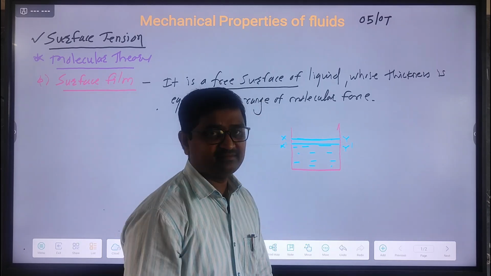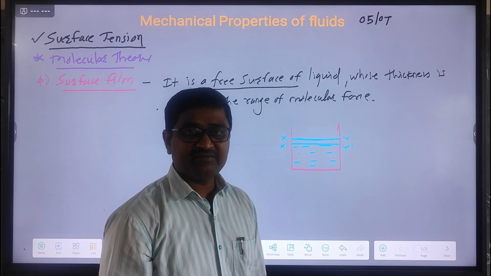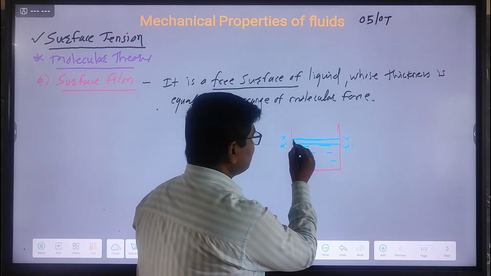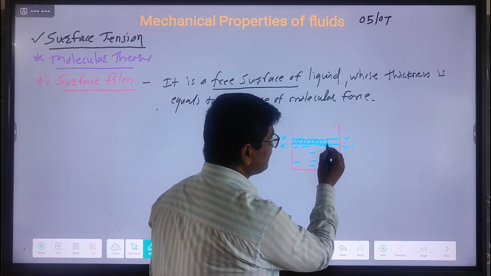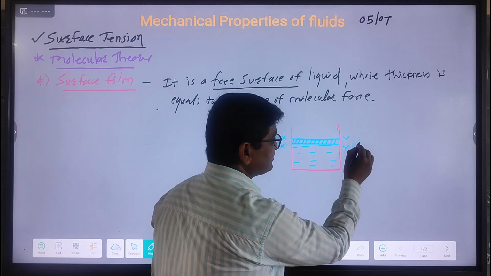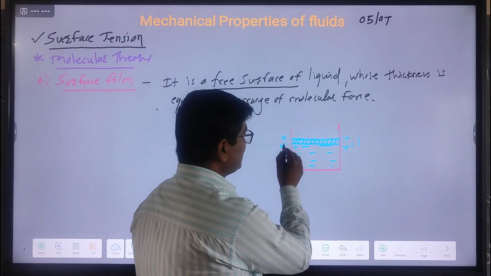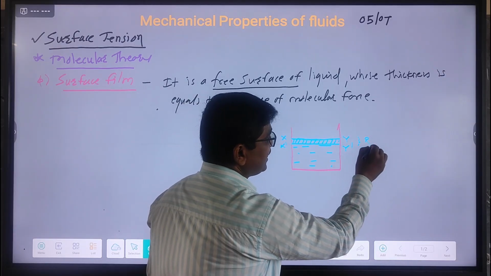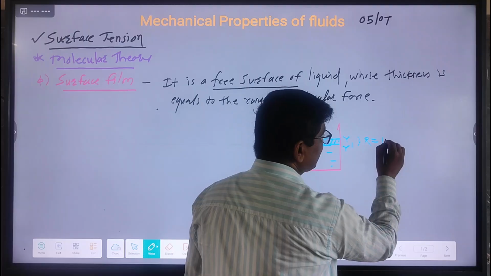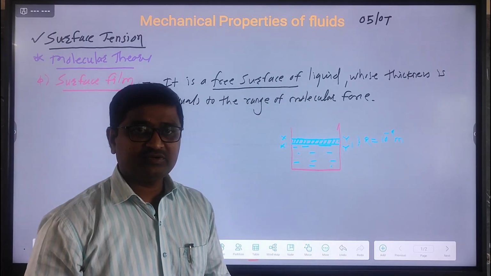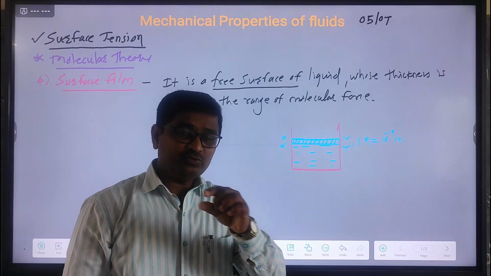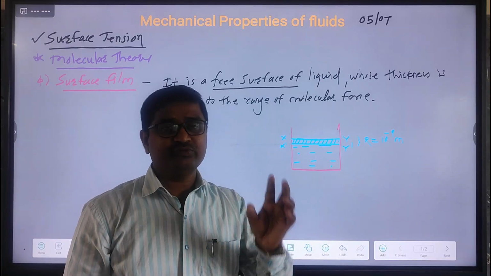This is a free surface of liquid whose thickness is equal to the range of molecular force. It means the distance between Y and Y dash, or X and X dash, is r, which is equal to 10 raised to power minus 9 meter. That is very thin. It is a free surface of liquid whose thickness is equal to the range of molecular force.